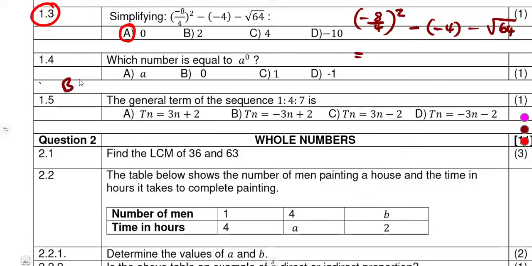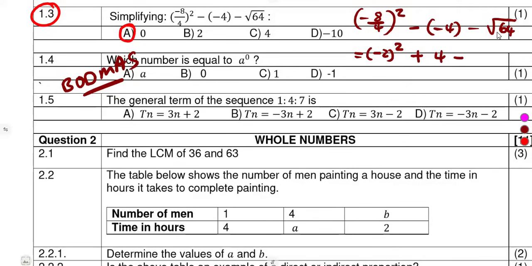Remember, your BODMAS still exists: brackets, of, division, and so on. So we can simplify inside of the bracket. Minus 8 divided by 4 is minus 2. That's minus 2 squared, minus, and a minus, that's a plus. We can even simplify the minus, minus. That's a plus. So you're going to have 4 minus the square root of 64.